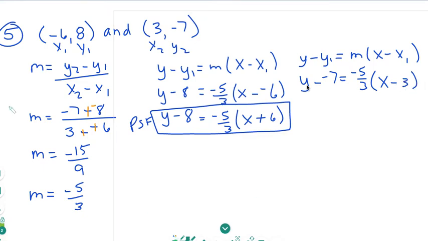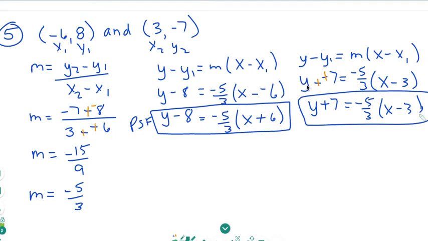I'm going to do my keep change. And that is going to give me y plus 7 is equal to negative 5/3 times x minus 3. So both of those are my point slope forms.